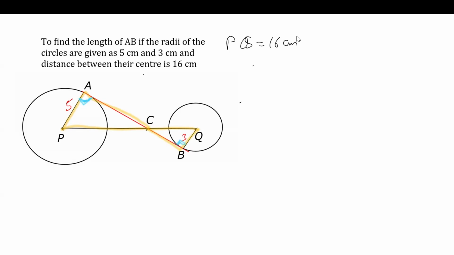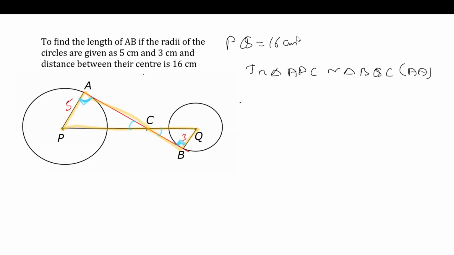So these are 90 each. Further, we can prove these two as vertically opposite angles. So over here, I can write that triangle APC should be similar to triangle BQC, where A corresponds to B, and that's by AA similarity.